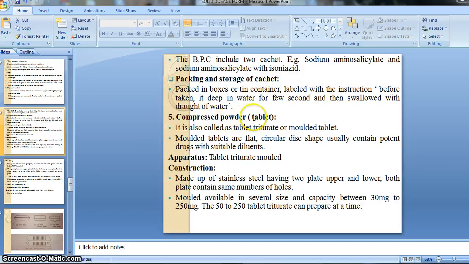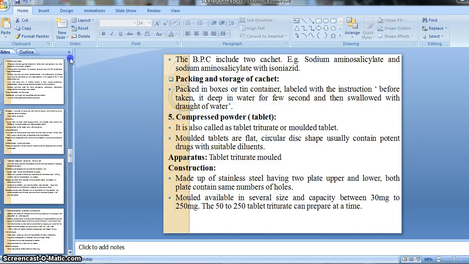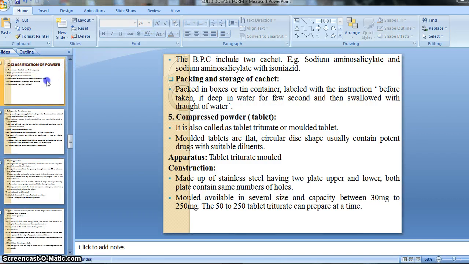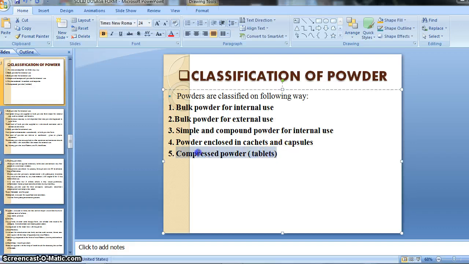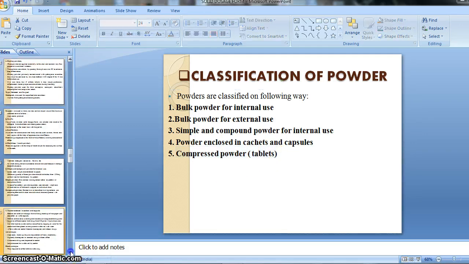Afterward, that is compressed powder. This is the fifth classification of powder, right? The powder is also classified as compressed powder or tablet.